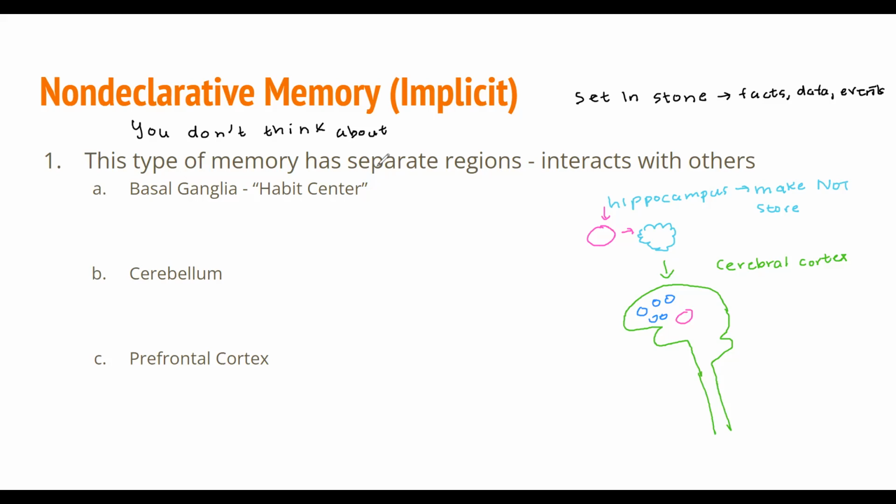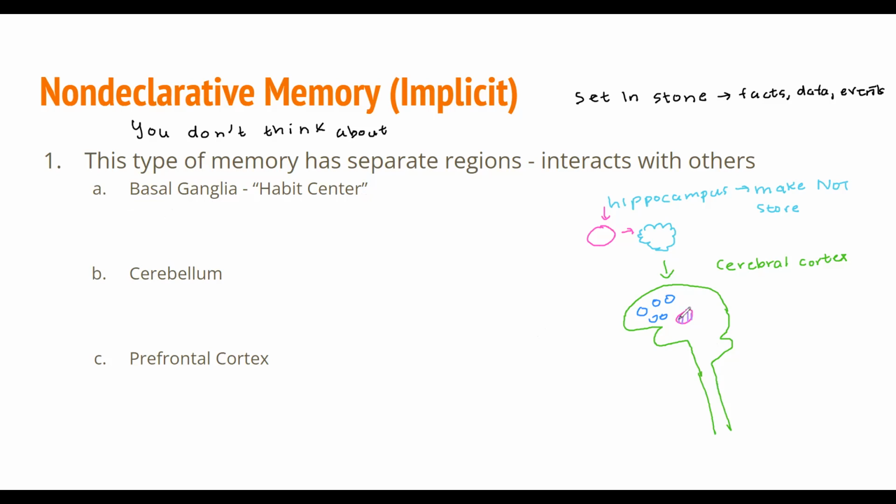You don't think about how to do it, you just do it, but you still had to learn it. This information is hypothesized to not actually hit the hippocampus. A common hypothesis is that this information is stored and encoded using three main structures in the brain called the basal ganglia, cerebellum, and the prefrontal cortex.